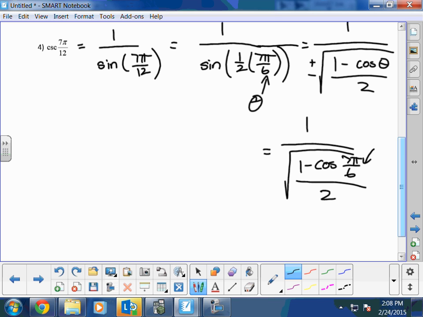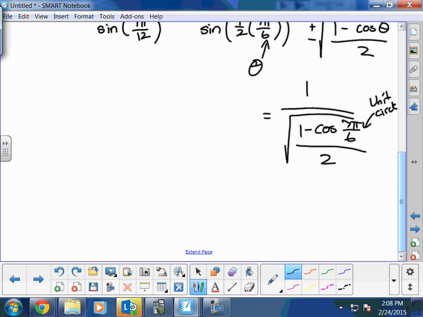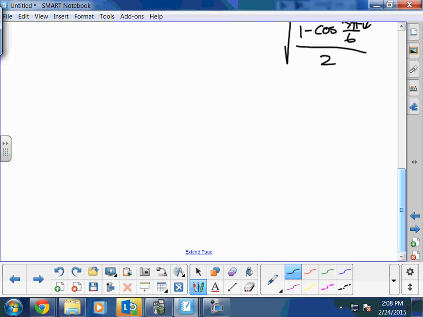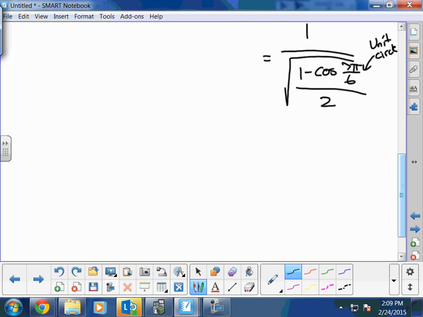Remember, this is when you look at your unit circle to get a value for cosine. So let's go ahead and identify the value for cosine at 7 pi divided by 6. The value for cosine is going to be negative square root of 3 divided by 2.